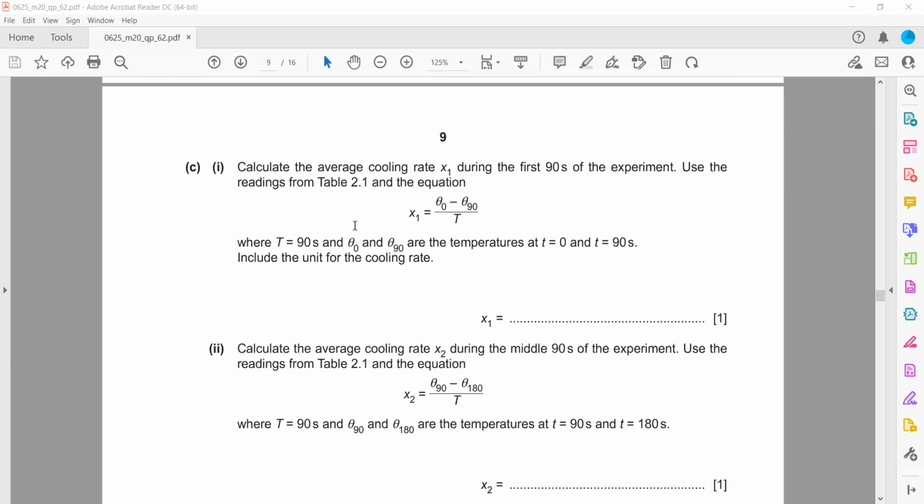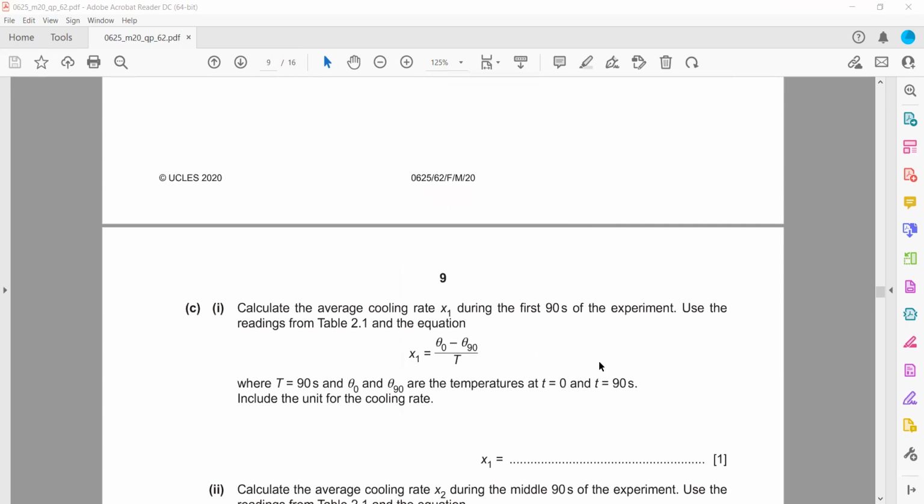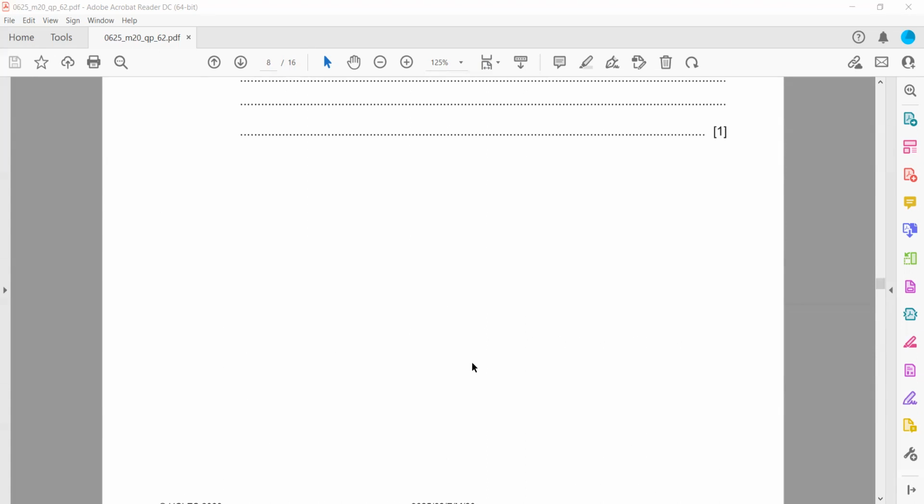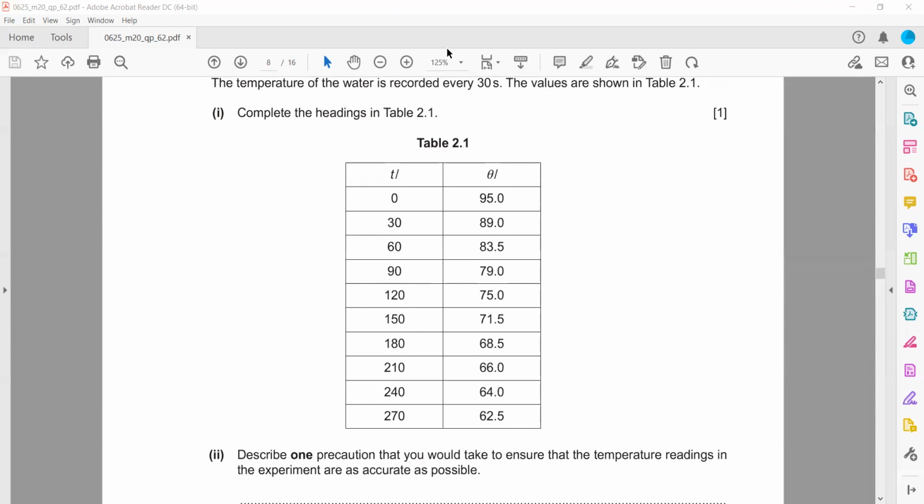Then calculate the average rate of cooling for the first 90 seconds and the remaining 90 seconds. The average rate of cooling is the temperature difference divided by time. So how do we find the average rate of cooling for the first 90 seconds and then for the remaining 90 seconds? How much does the temperature change?